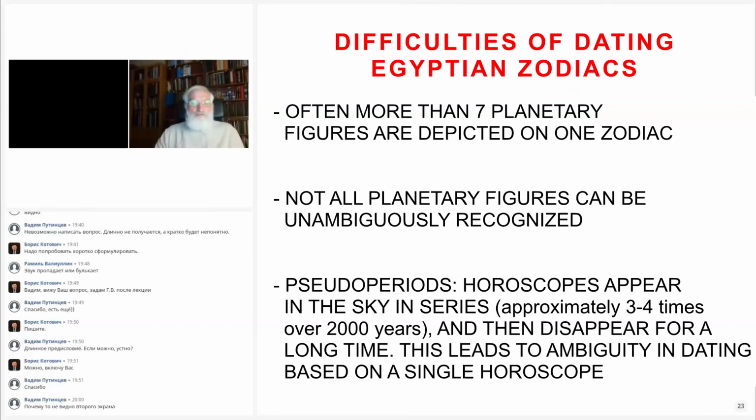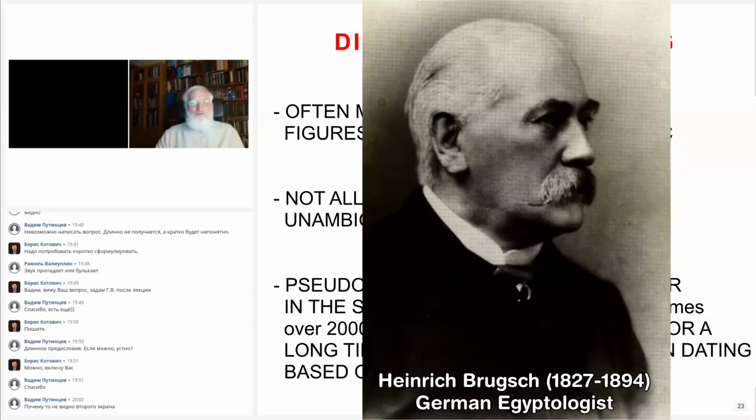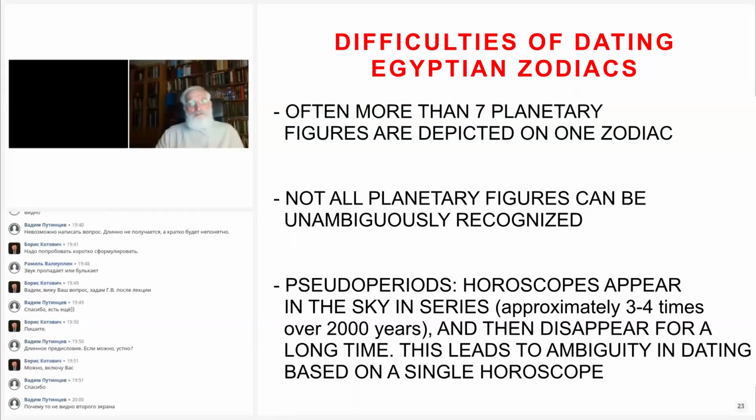As soon as they got there, it became clear that some dates were recorded here using the arrangement of planets in constellations, that is, using zodiacs. Attempts to date them immediately began. The famous Egyptologist Brooks worked on this with astronomers of his time. They tried to twist the dates. That is, how did they date?